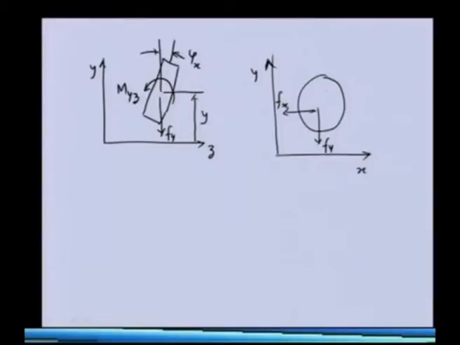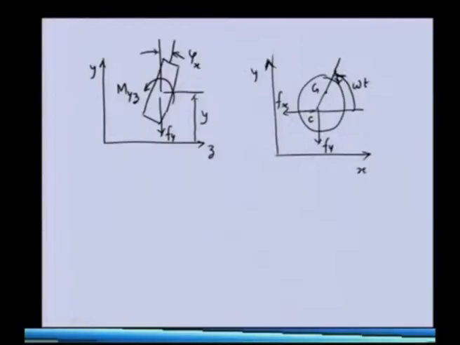Let us say the unbalanced position is this, center of gravity g is here, this is the center of rotation. This particular angle we define, for constant angular speed of the rotor, as omega t. Let us say the disk is rotating in the counterclockwise direction in the xy plane.